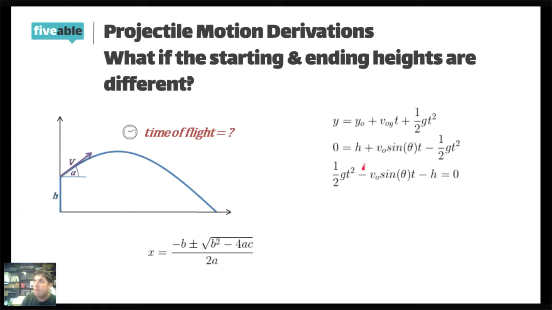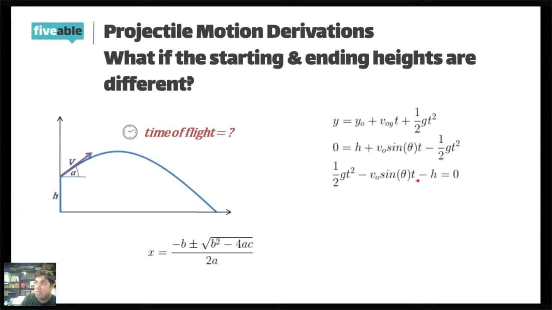Okay? Now, in this case, what I have my kids do is rearrange this and get it in this form: 1/2 g t squared minus v0 sine theta t minus h. Really all I did was multiply everything by -1. The reason I have them get it in this form is because this is the form they're used to from math. This is t squared.